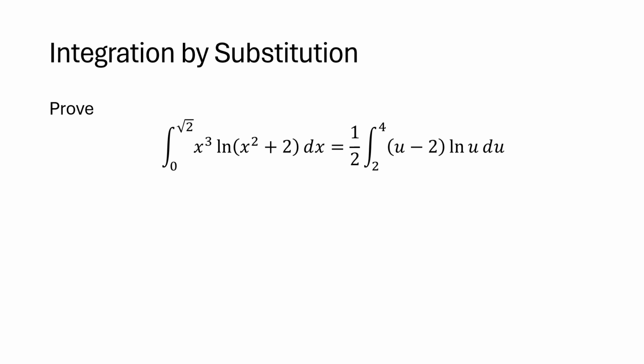So, let's now do integration by substitution and prove this equation. We can suspect that we're going to use substitution as we now have a different variable. And perhaps we should define u to be x squared plus 2. Let's see where this would lead us. We must make sure we work out the derivative.